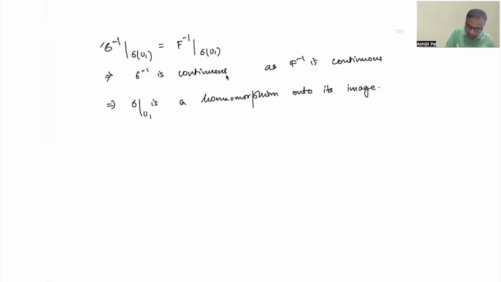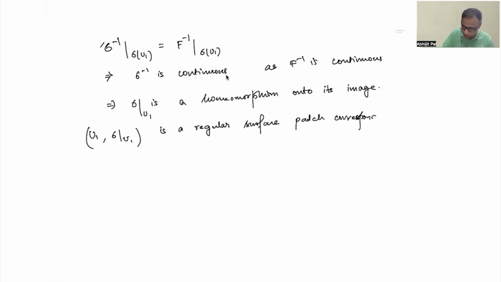Therefore, if I take this (U1, sigma restricted to U1), this is a regular surface patch corresponding to the point ub. Now if I take any other point u prime b prime, we can get another surface patch.